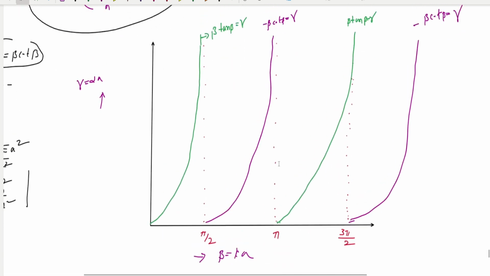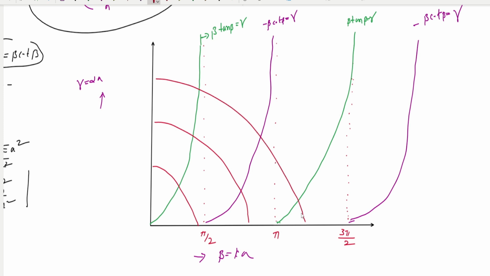So these are the curves I got from the graphical representation. The radius also is there here. This is the radius, this one and another radius, and this one is another radius graph.